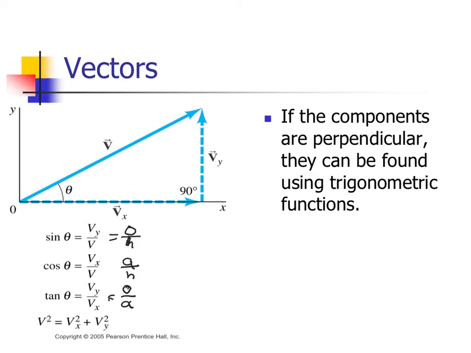And the last equation, c squared is equal to a squared plus b squared, the Pythagorean theorem.